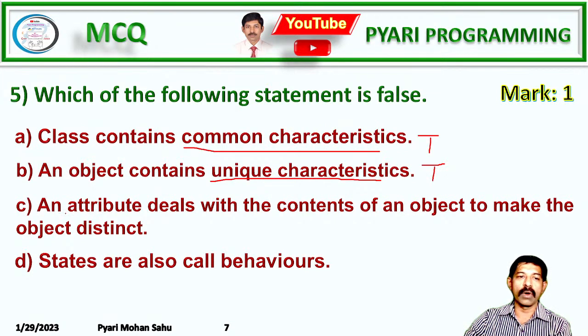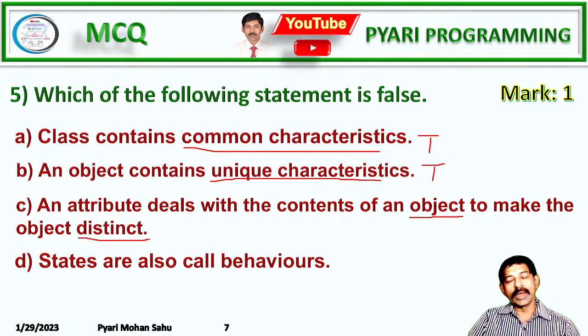Those who have said this is false: an attribute deals with the contents of an object. What is an attribute? To make the object distinct. The instance variables and the methods accumulated together are called the attributes of an object, which makes the object distinct, unique or different. This is also true.